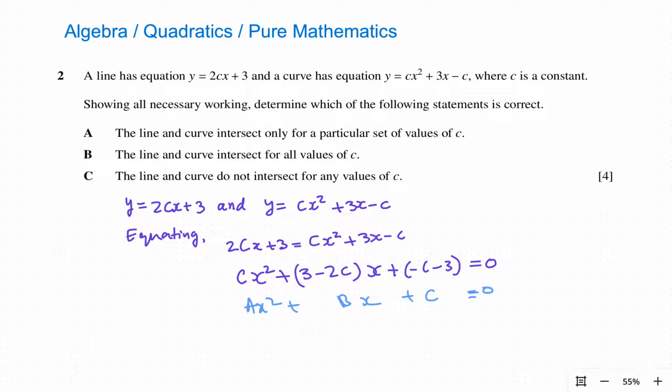So obviously then the next thing, for any kind of solution to exist, we need to have the discriminant b squared minus 4ac greater than or at least equal to 0.